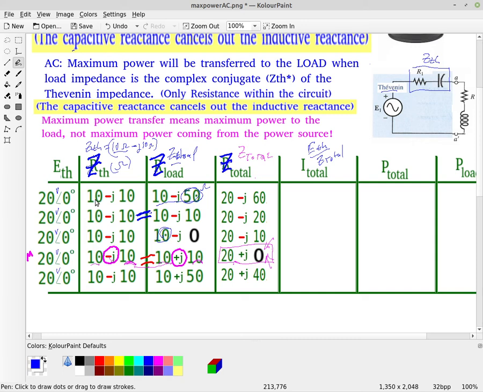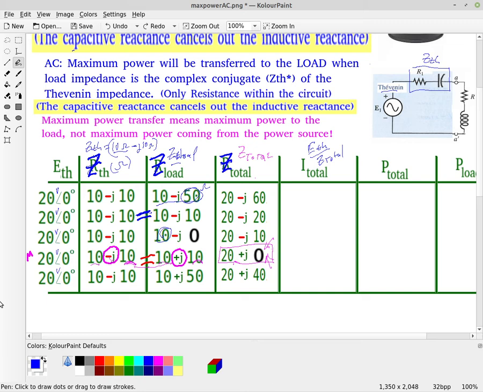So in the first case, we had 10 minus J10 for Z Thevenin, which doesn't change through this. I keep that the same. But then I had a 10 minus J50. So my total impedance is 20 minus J60.